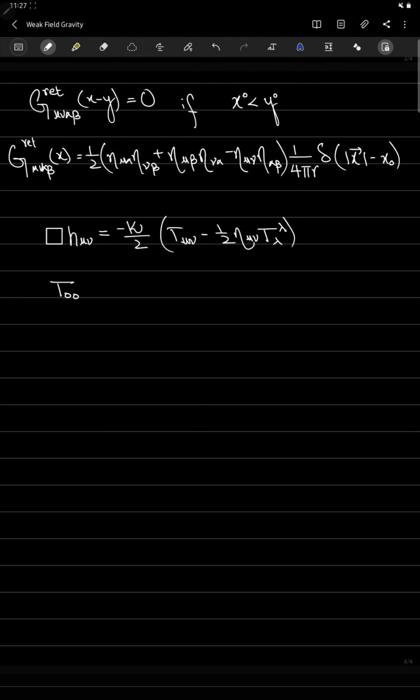Right. So now if I have a point source, for which I have the zero zero component of the energy momentum tensor as some constant, or let's call it mass, times the Dirac function in 3 dimensions of x, and the ij components of this energy momentum tensor are 0.